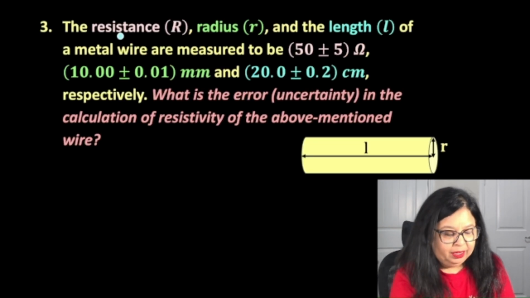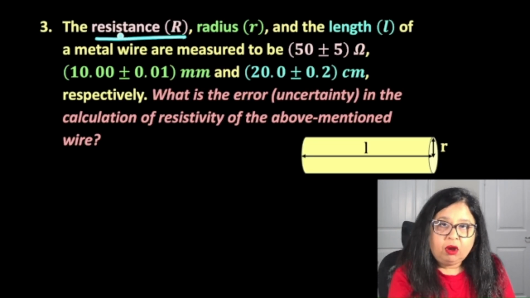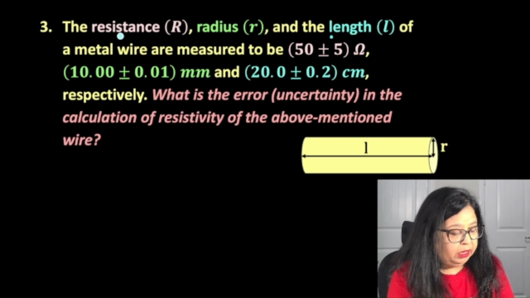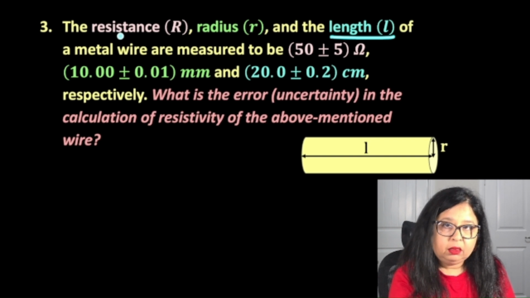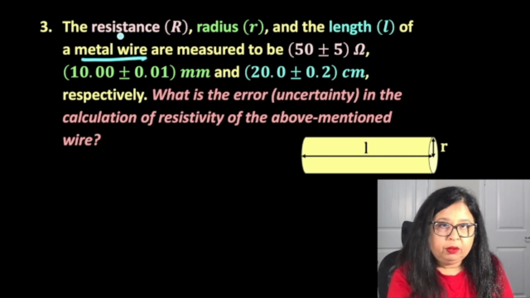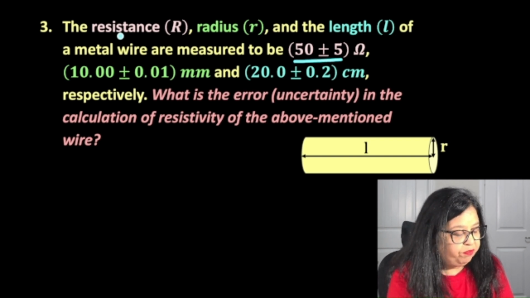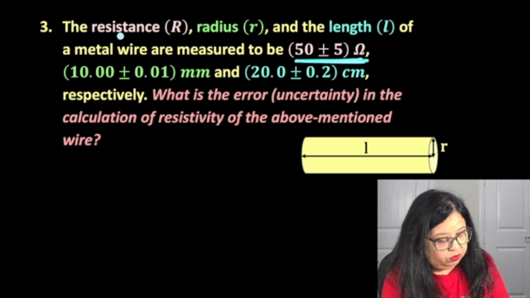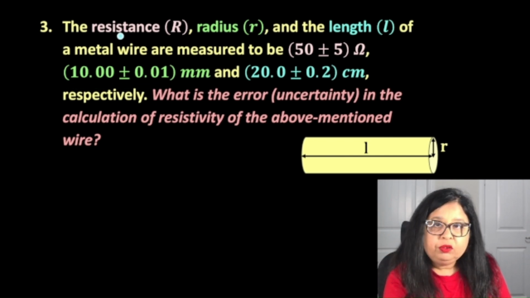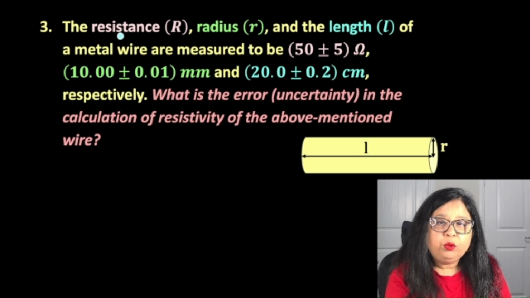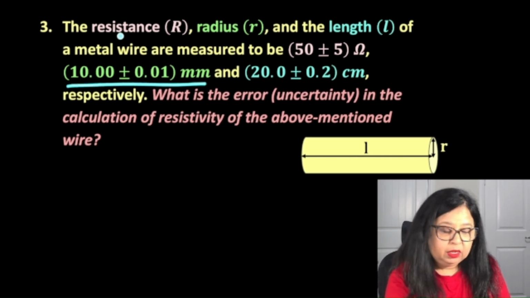Problem number 3. The resistance uppercase R, the radius lowercase r, and the length lowercase l of a metal wire are measured to be 50 plus minus 5 ohms. So this is your resistance. The radius lowercase r of the metal wire is 10.00 plus minus 0.1 millimeters.